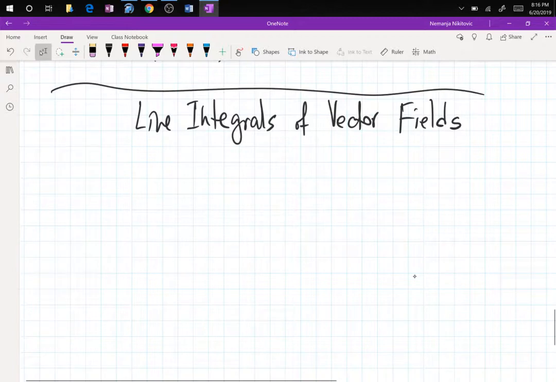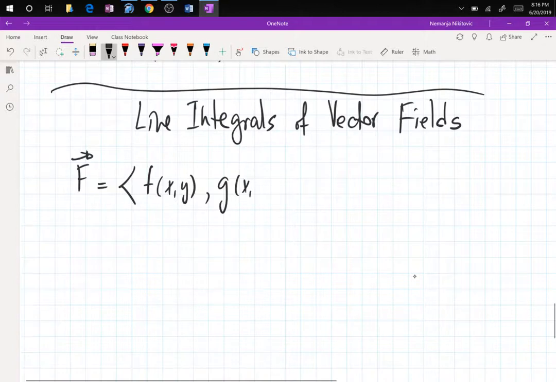Your vector field F, with the arrow, which can be a magnetic field or electric field or gravitational field or Higgs field, whatever field you have. The wind, the flow of blood through a vessel, whatever, is F of x, y and G of x, y if it's two-dimensional. You plug in z and another function H if it's in 3D. So that was the vector field from last time.